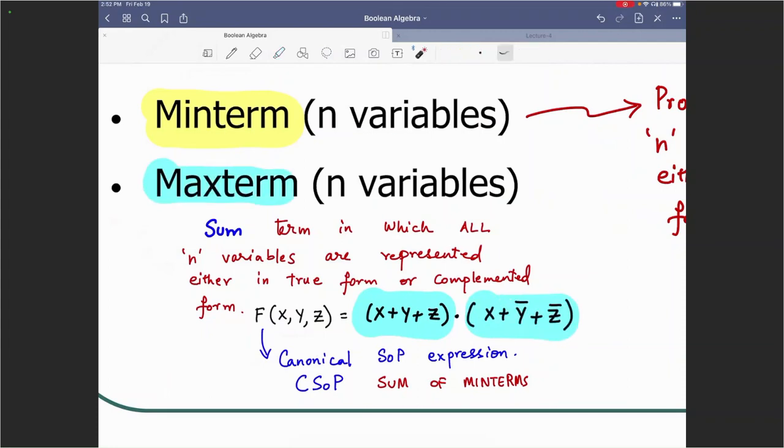And the function itself, I'm going to call it a CPoS, Canonical Products of Sum expression, which is a product of max terms.